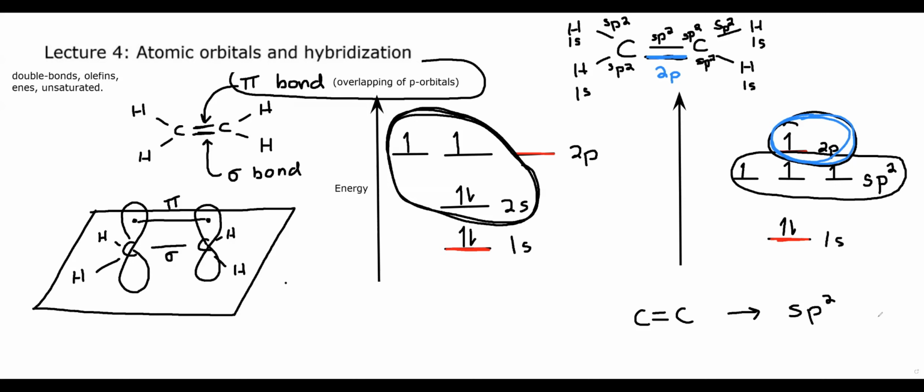Because the last p, remember we have 3 p's, is being used for the double bond. That's a summary of this slide. But again, at the end of the lecture, we'll go through and summarize everything.